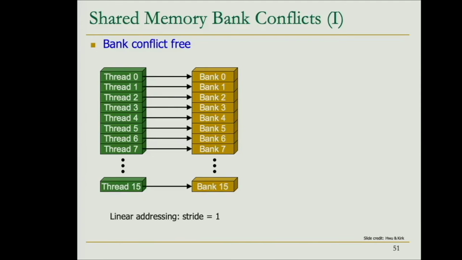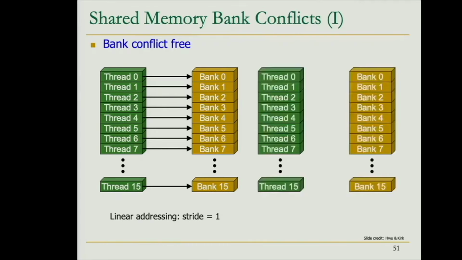Let's say your array A with A0, A1, A2, A3, up to A16, for example. I have 16 threads, so thread 0 accesses A0, which is located in bank 0. Thread 1 accesses A1, which is located in bank 1, and so on. The width of these banks is 4 bytes, which also matches very well with the cache line size. You recall that, right?